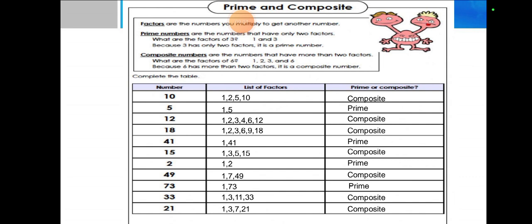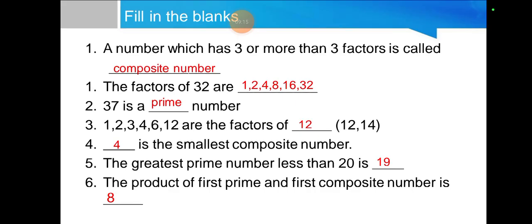And 21 has 4 factors, 1, 3, 7 and 21, so it's a composite number. So these are all composite and prime numbers.